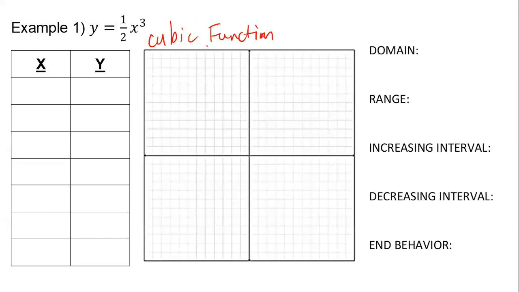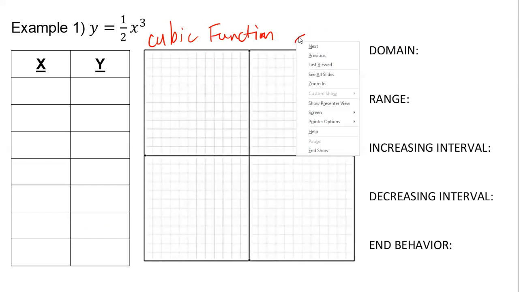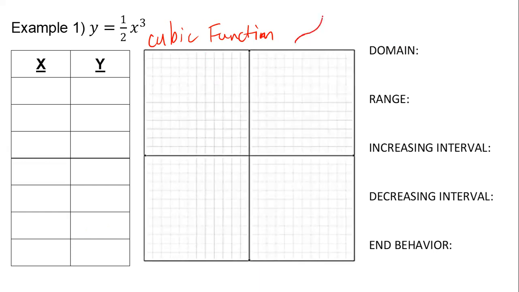Okay, so with cubic function, we have certain shapes that we kind of lean towards. If you remember from our notes yesterday, they are either forever increasing or they have some turning points in them, right? So these are our typical two shapes of our cubic function.